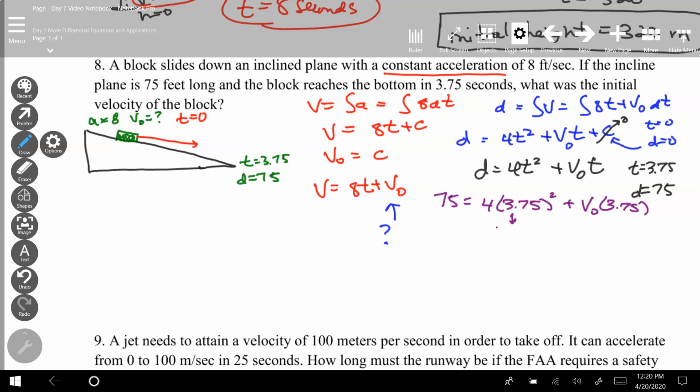This is equal to 56.25, and when I subtract it over, I get 18.75 is equal to 3.75 v sub 0, and I get v sub 0, the initial velocity, is 5 feet per second.